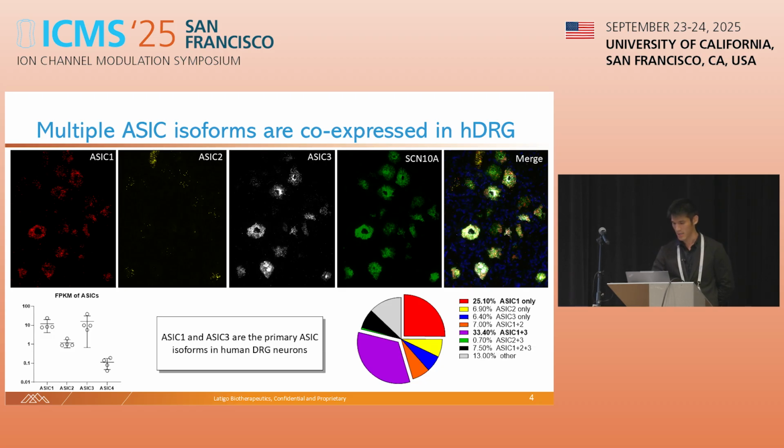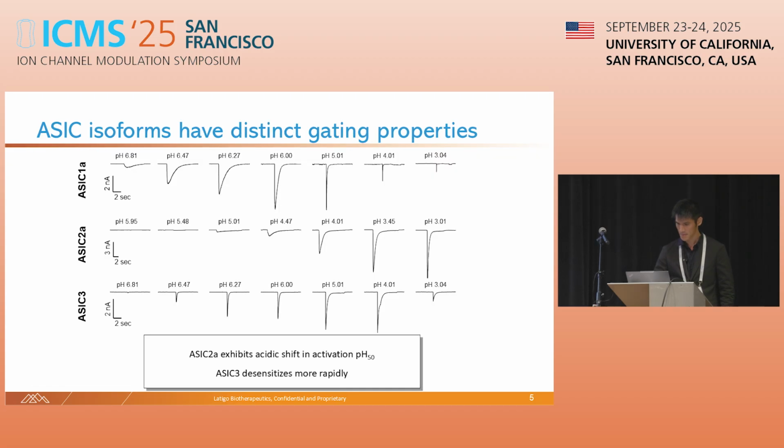For the cells co-expressing ASIC1 and 3, we wonder if they are forming separate channels or heteromers, and what the stoichiometry of these heteromers is. One way to identify these isoforms functionally is by their properties. These ASIC isoforms have distinct gating properties.